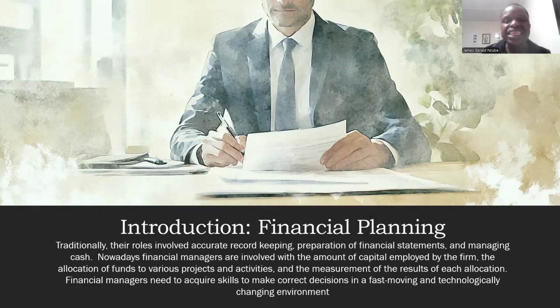Where are we going to get the money to buy the materials, the inventory? Where are we going to get the money to invest in a factory for the organization? That's the financial manager. That's financial planning. He wants to plan in advance whether we are going to get a bank loan or whether we are going to go and list on the Johannesburg Stock Exchange.